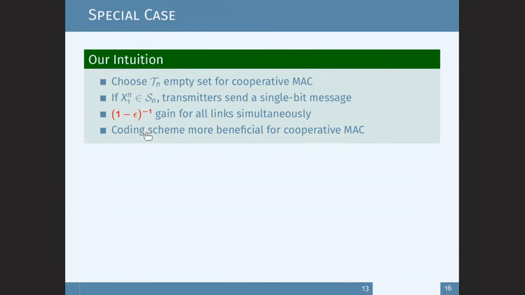This shows that the same coding scheme is more beneficial for the cooperative MAC, meaning that in the variable length coding scenario, cooperation is very important. It adds more benefit than in the fixed length one.